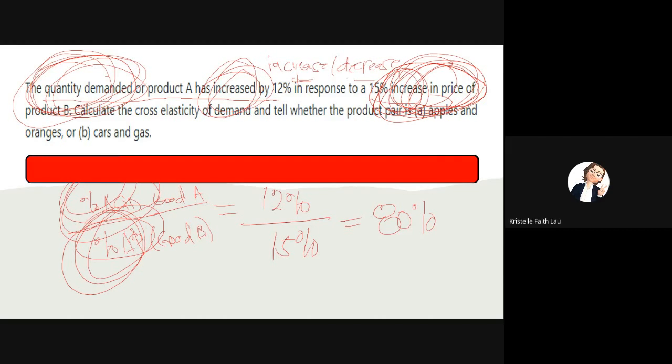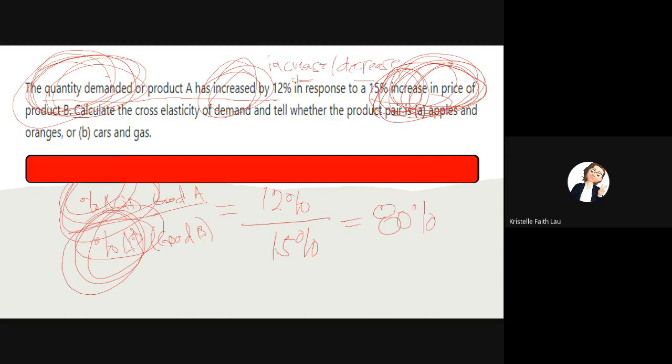So again, okay, wait lang. 12% divided sa 15%. Yeah. So 80%. So since the cross elasticity of demand is positive, it means ato ang product A and B are what?